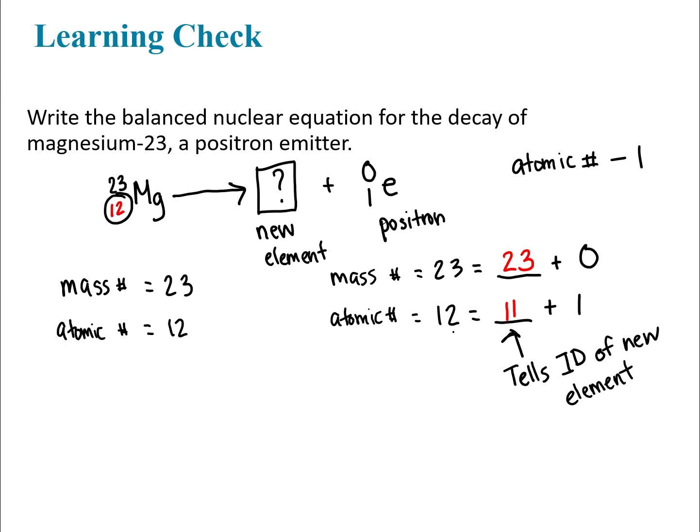So while the atomic number total equals 12 on the product side, we've got the new element plus 1. So that's why I write it as an equation. So this 1 comes from the positron. Does that make more sense? It's one of those things you have to practice. So you have to do the different types of radiation and writing the balanced nuclear equations to get the pattern for each type.